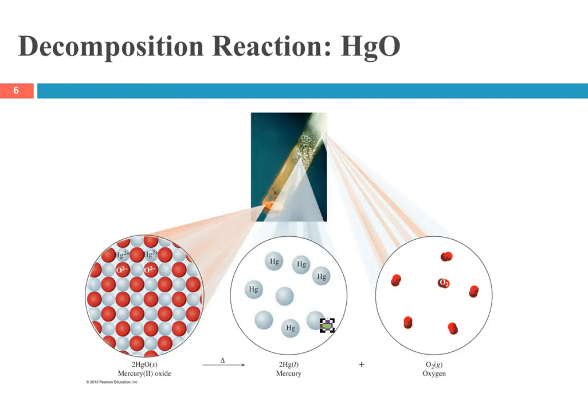Again, even in a decomposition reaction, this is mercury oxide. I have that 2 there because mercury is a transition metal. So again, you would need to be able to show me what mercury oxide looks like, and then when it breaks down, it's going to break down into its individual things, which would be mercury and oxygen.